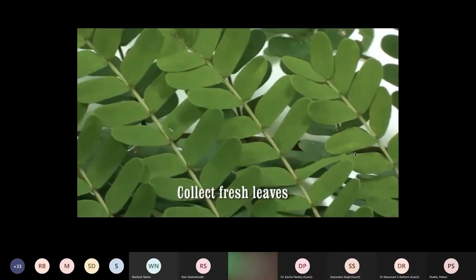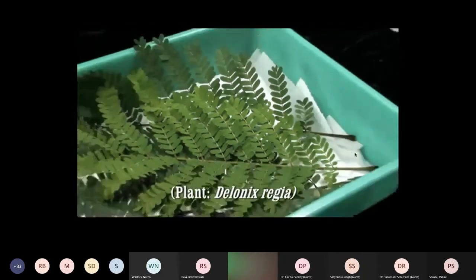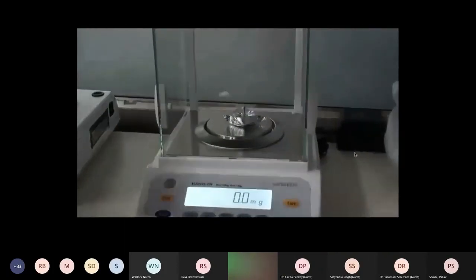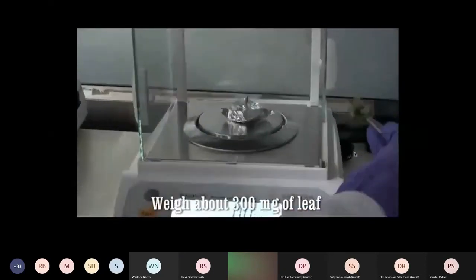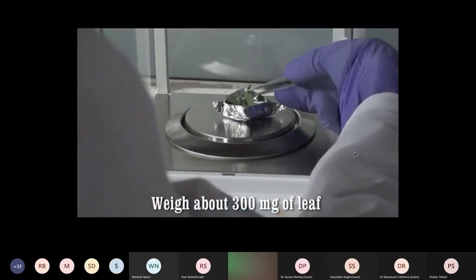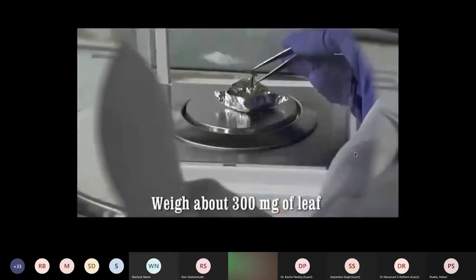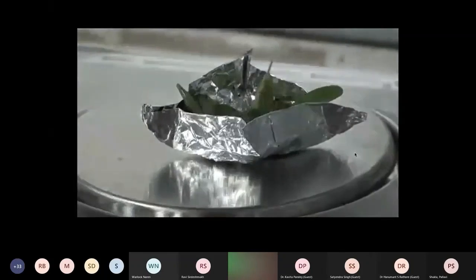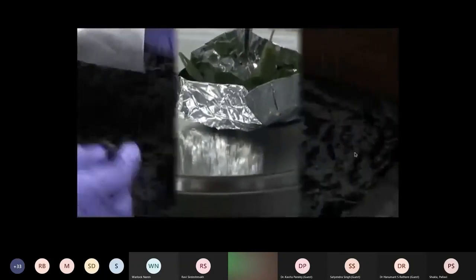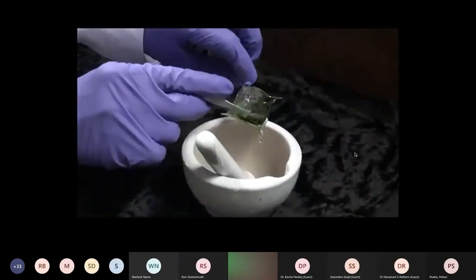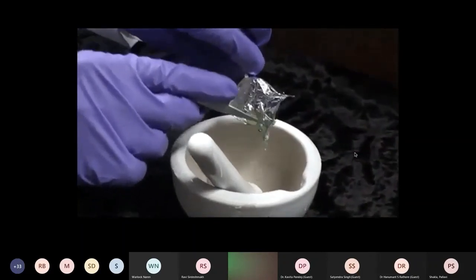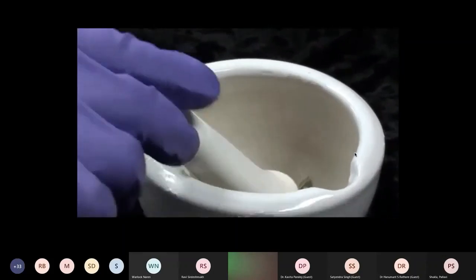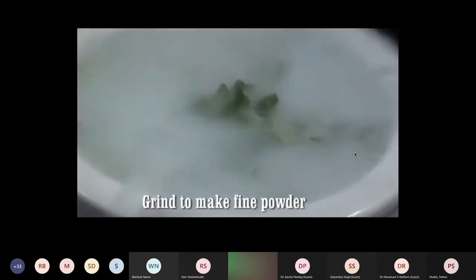Select the plant leaf sample of interest and weigh around 300 mg of the leaf on an aluminium foil. Transfer these leaves to a chilled mortar and carefully add liquid nitrogen to it, which helps in drying up the leaves instantaneously.